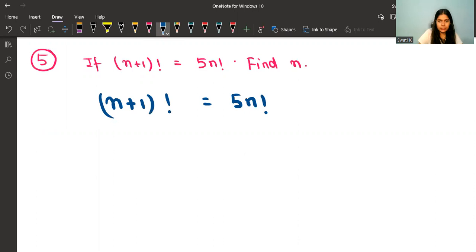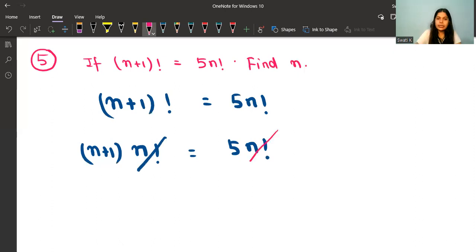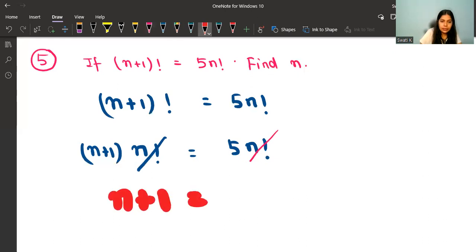Now, n plus 1 factorial, we can solve this as n plus 1 into n plus 1 minus 1, that is n only. And I'll stop here. The reason is I can see n factorial on the other side in 5n factorial. Of course, this n factorial and this n factorial will get cancelled. So what are we left with? We are left with n plus 1 equals 5.